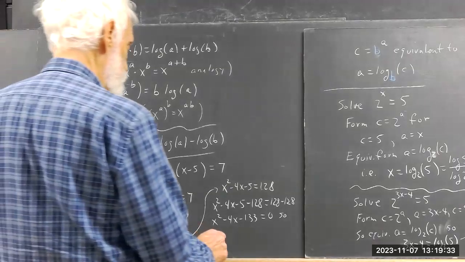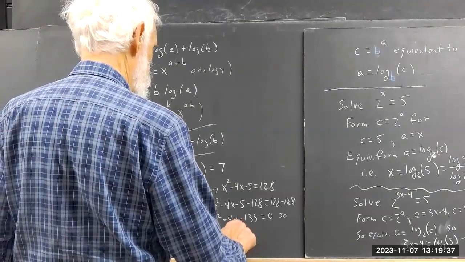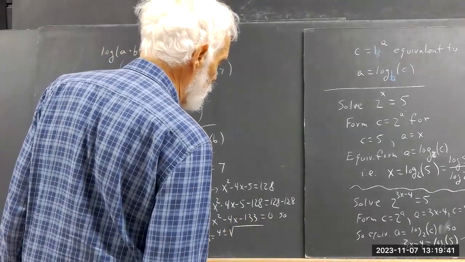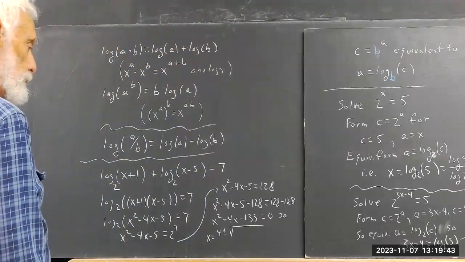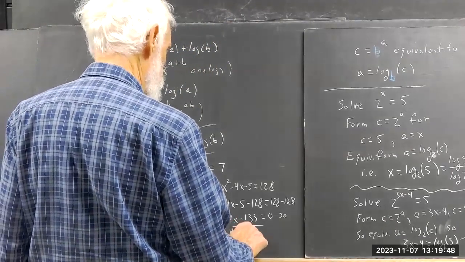Let's say 4 times 130 is 520, 532, and 16 is 548, I think.